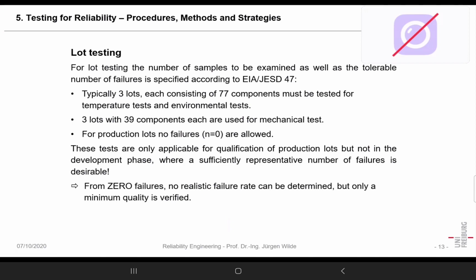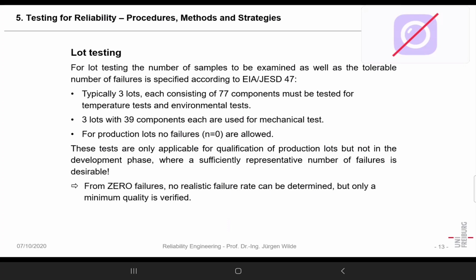But then you can say you can accept the lot you get when you purchase these, and you have three test lots of 77 devices with reliability tests, and no failure occurs.